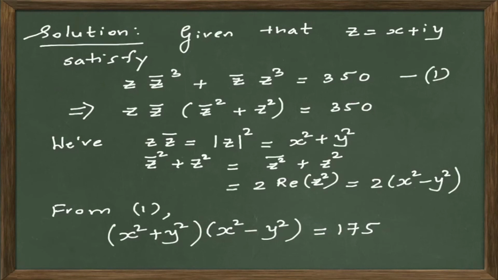For this, we will factor the right hand side and equate its factors with those of the left hand side. We will keep the factors of the left hand side as it is. Notice that x squared minus y squared is the smaller factor. So we factorize the right hand side into two factors and equate its smaller factor with x squared minus y squared and the larger factor with x squared plus y squared.